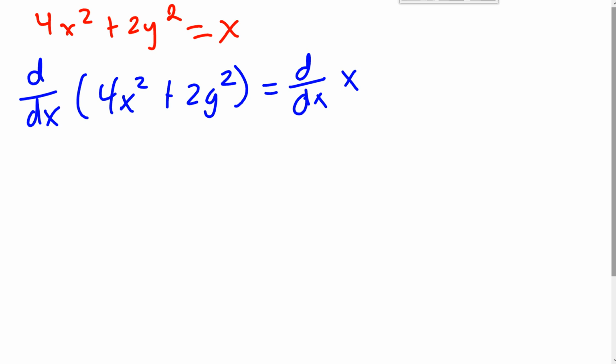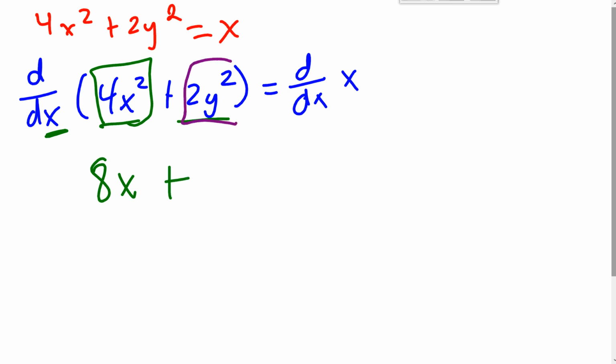So that means I'm taking the derivative of both of these, and that's a y, not a g. This one's just fine, because it's in terms of x. So that would be drop the power, good. This one is where we have problems because it's not in terms of x. So that's where you do chain rule: derivative of the outside, and then multiply by the derivative of the inside, which is just the derivative of y.